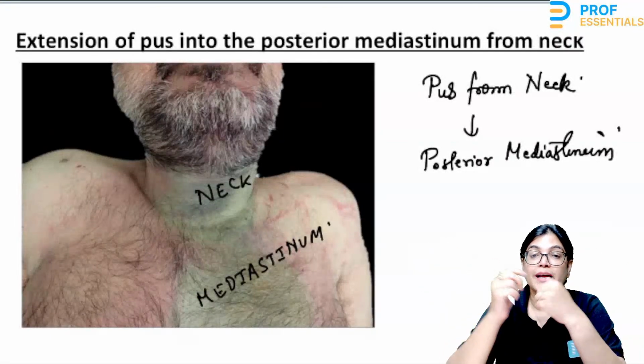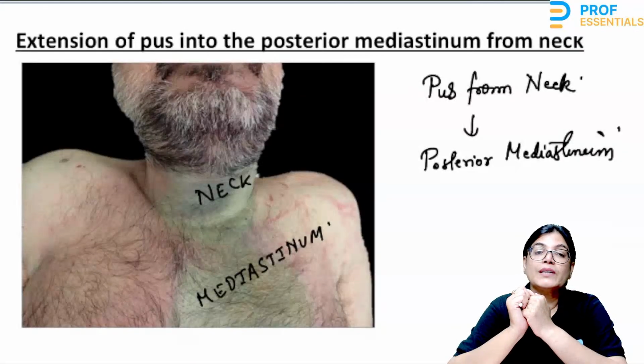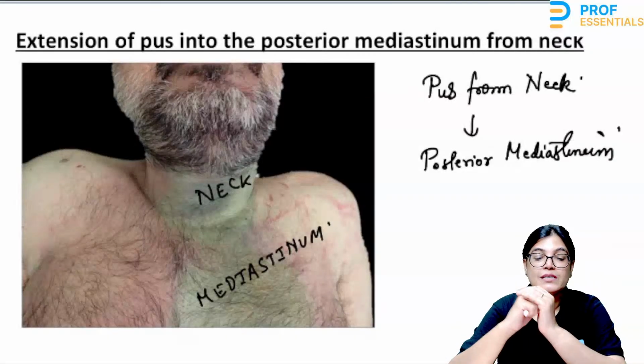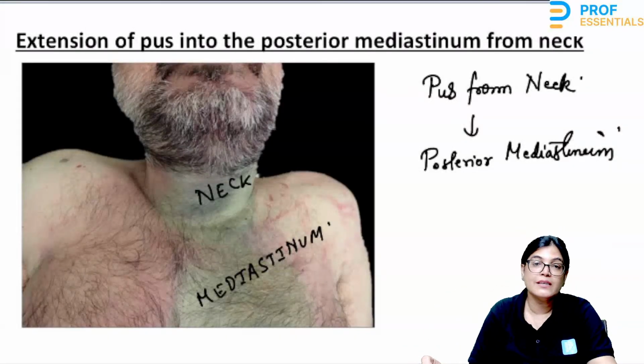The infection in the neck spaces can track down because of the continuity of the neck spaces with the superior and posterior mediastinum. This is how infection can extend into the posterior mediastinum.